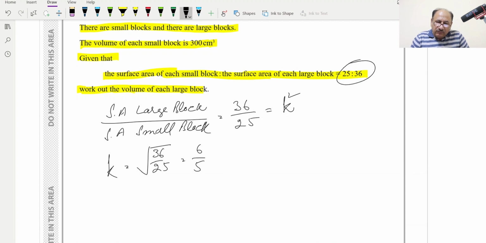Now we got the k value. For volume, we are using k cubed, as I have told you, so k cubed will be equal to 6 over 5 cubed.